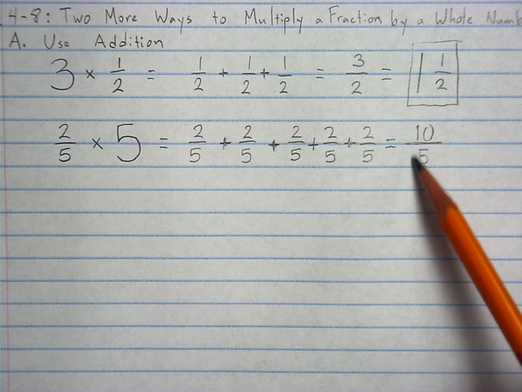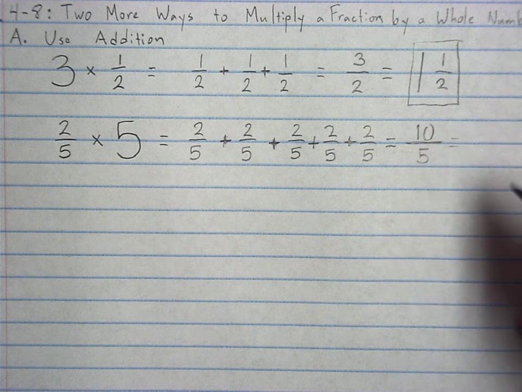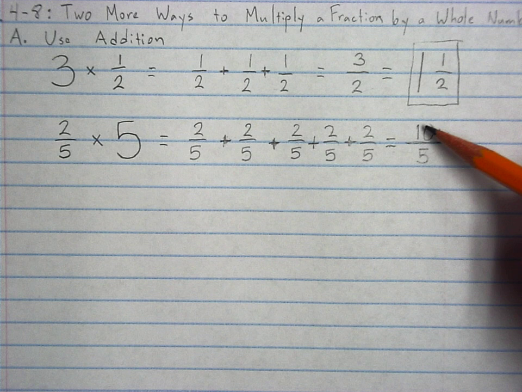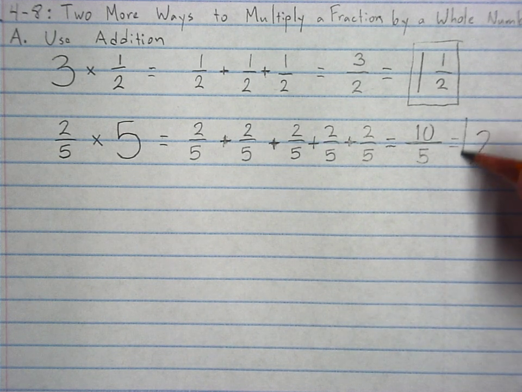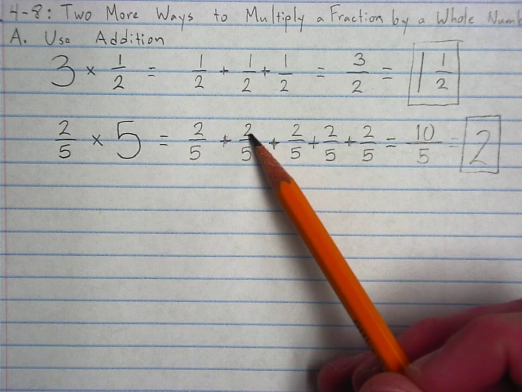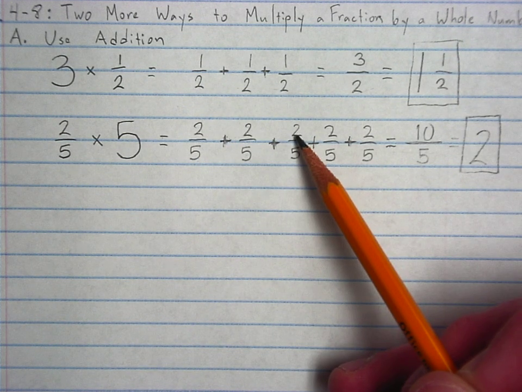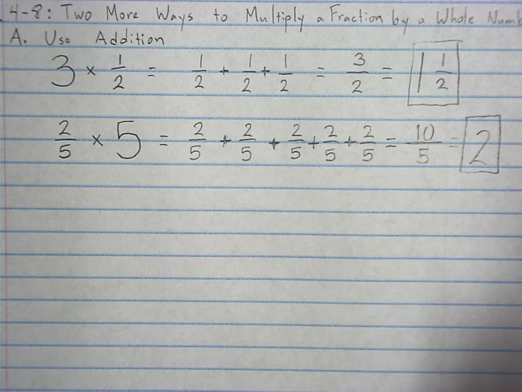This is just telling you the size of the pieces. Now if I have 10/5, every group of 5/5 will make a whole. I can make 2 wholes from that. This one's a little trickier to see because 2 plus 2 is 4, plus another 2 is 6. That would be 1 and 1/5. It's not quite as easy as that one was to see, but hopefully you're getting the pattern.